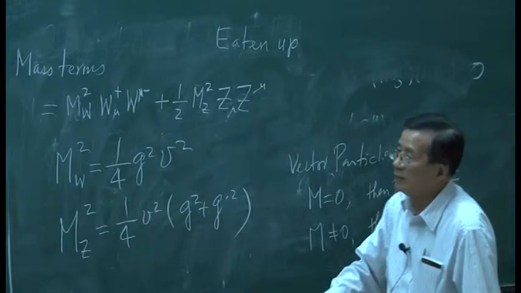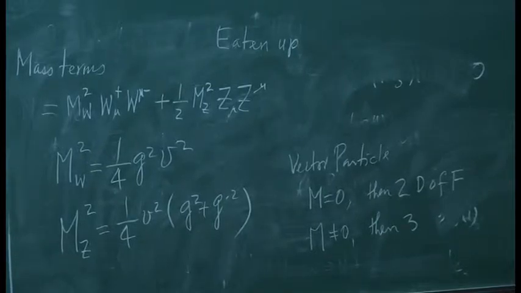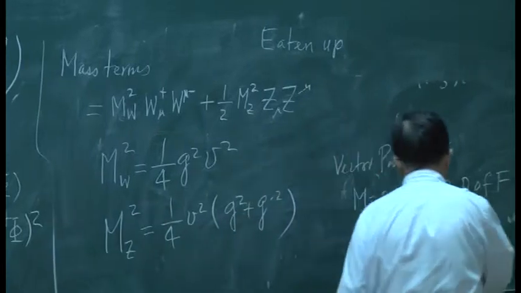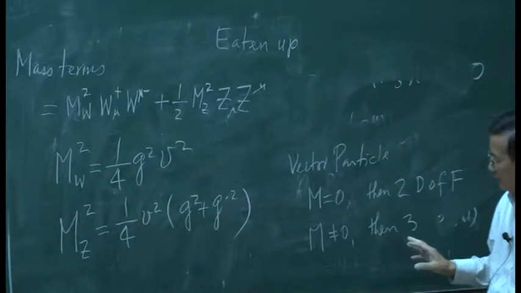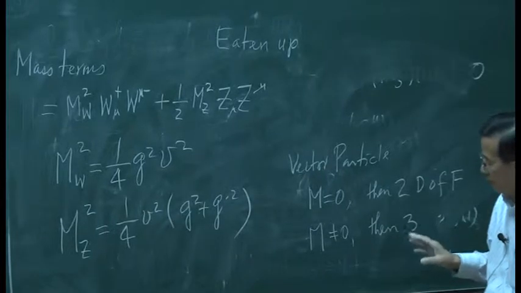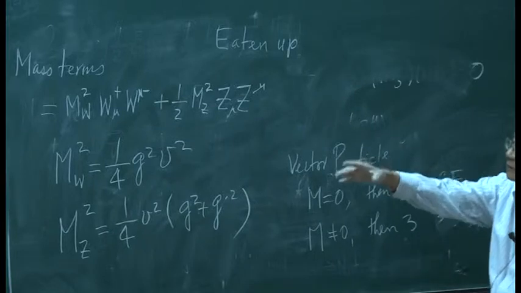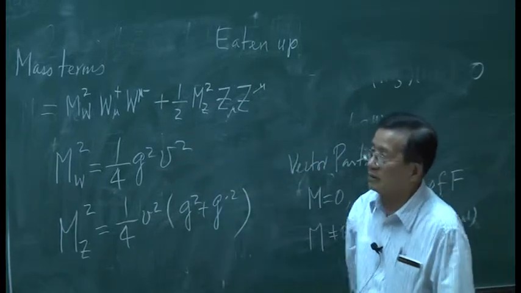So the 3 massless Goldstone bosons originally disappeared and appear as the 3 longitudinally polarized gauge bosons with a longitudinal polarization. So it becomes massive.